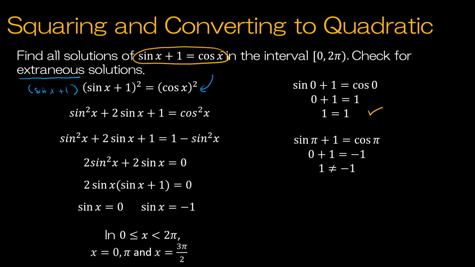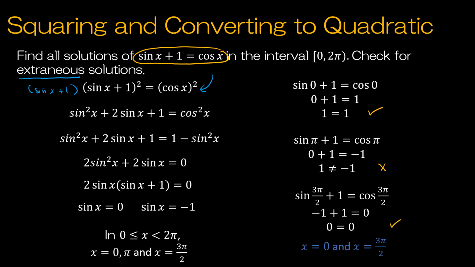Cosine of pi is equal to negative 1. And 1 does not equal negative 1, so not true. And finally, I have 3 pi over 2. Sine of 3 pi over 2 is negative 1. Cosine of 3 pi over 2 is 0. So I get negative 1 plus 1 is equal to 0. That is true. So my only two solutions are 0 and 3 pi over 2.